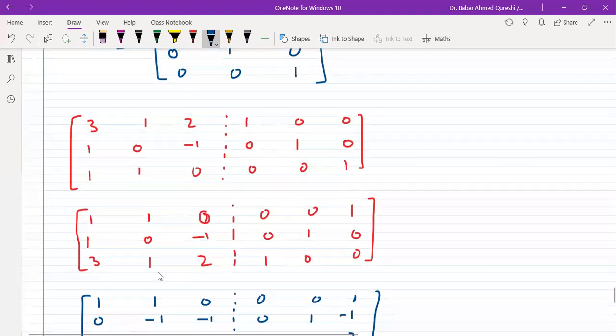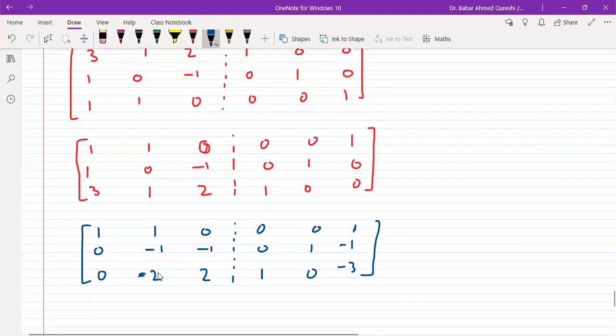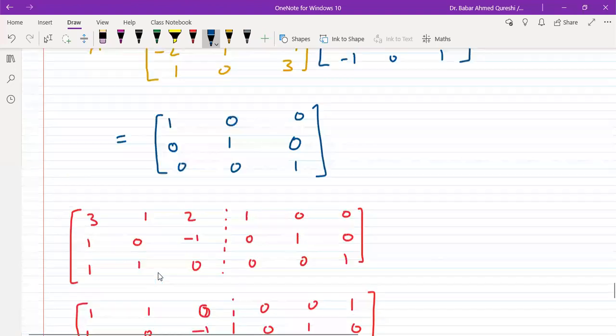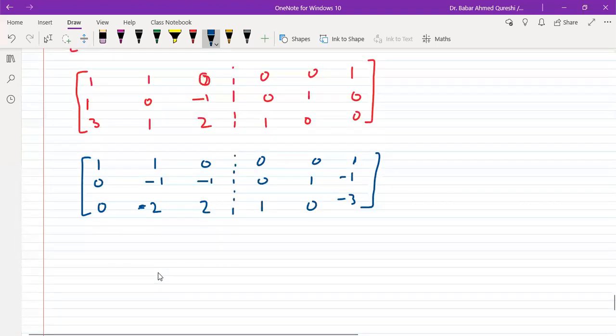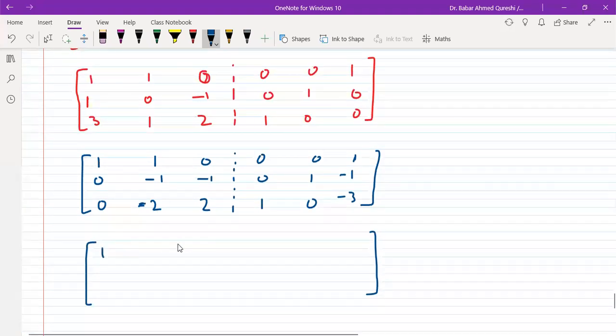Now let's see if I have done any mistake. No, so things are fine now. And now I can multiply.